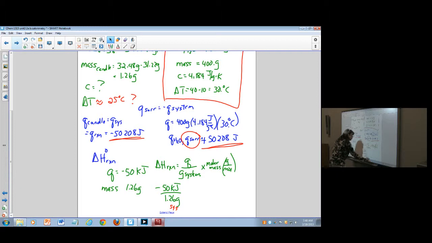And then I'm going to use the molar mass of the candle, which is 394.74 grams for every mole of C28H58 or whatever that was. When I get done here, this is going to be equal to 15,000, roughly six, I'll just round it, 16.